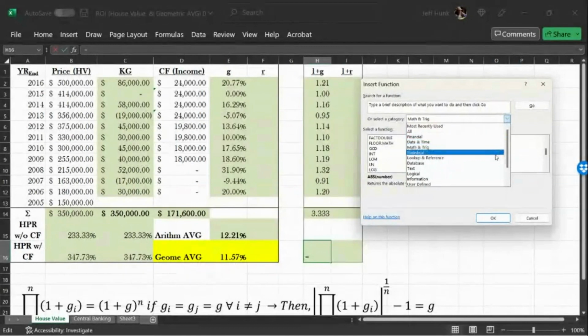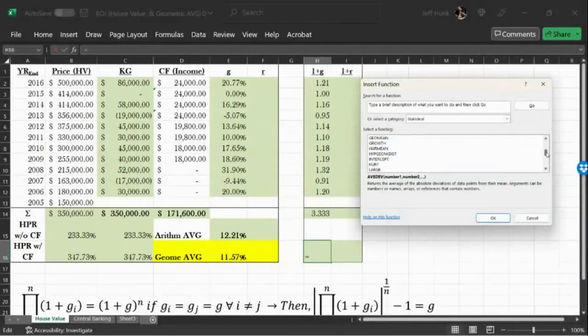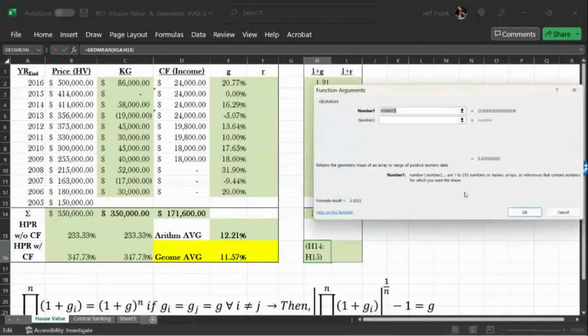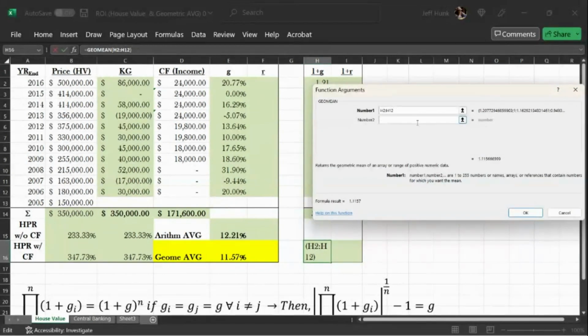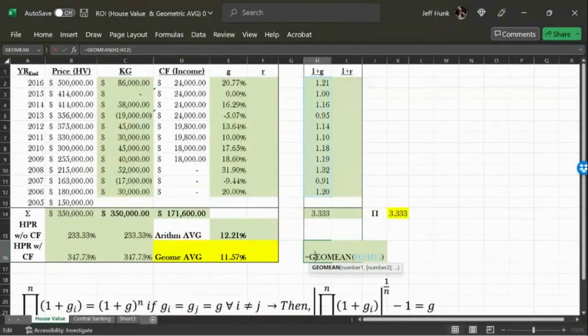So it's not financial, it could be statistical. Yeah, geomean there. You need to highlight the data range that you want to extract the mean from. That means geometric mean. It's giving you something already. Hit OK, but this is the gross return.